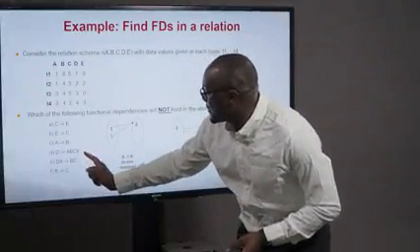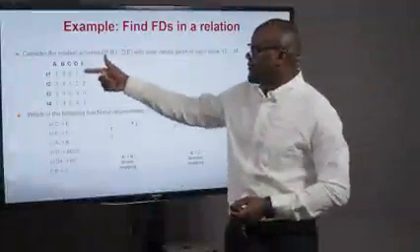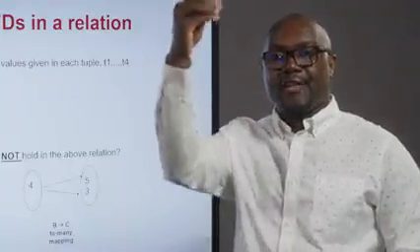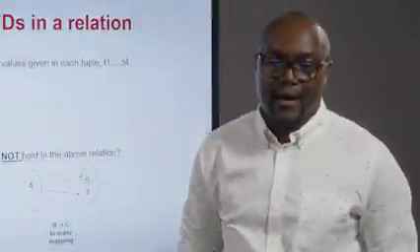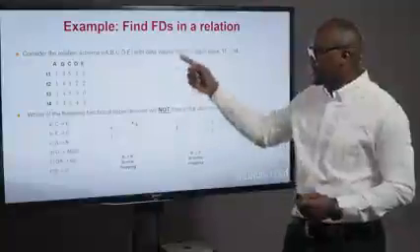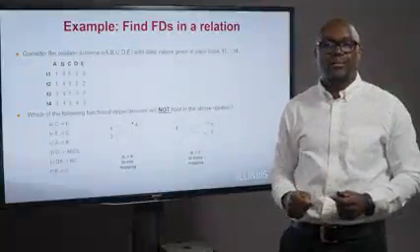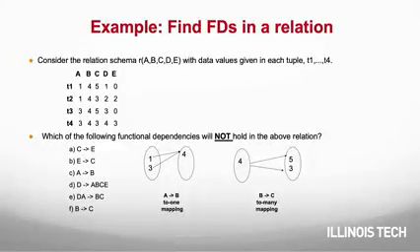Let's look at D. When you look at D, our values are pretty much unique. And if you have an attribute that has unique values, then it's probably a candidate key. If it's the only one, then it's the primary key. In this case, it is the only one, so this is the primary key, and a primary key uniquely determines any of the other attributes.